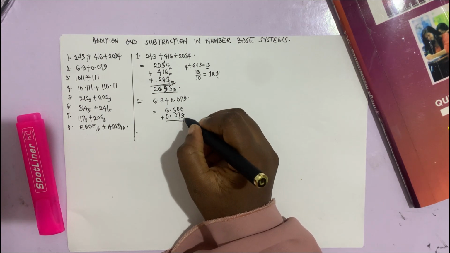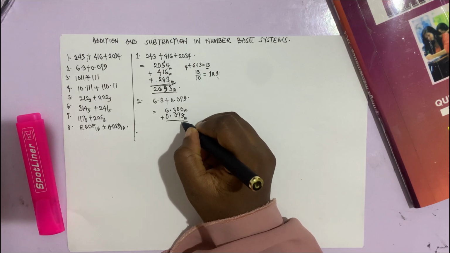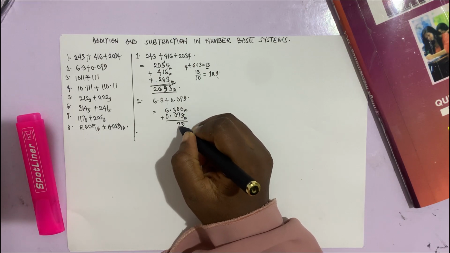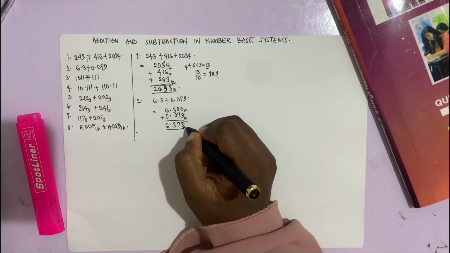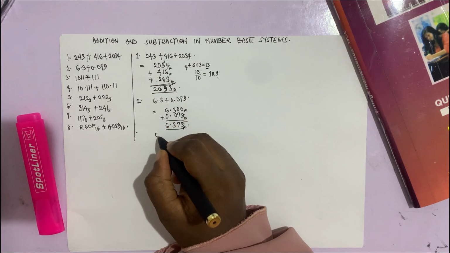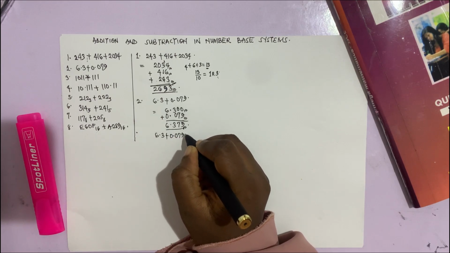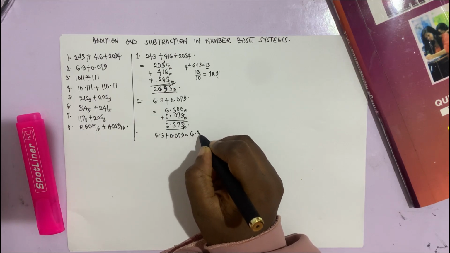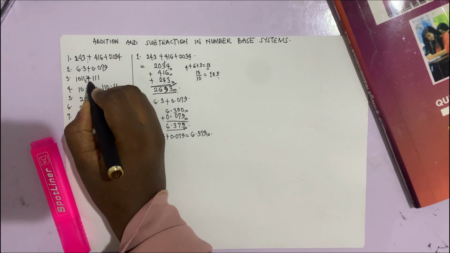So 0 plus 9, remember that this is in base 10. 0 plus 9 is 9. 7 plus 0 is 7. 3 plus 0 is 3. 6 plus 0 is 6, base 10. So our 6.3 plus 0.079 will give us 6.379 base 10.